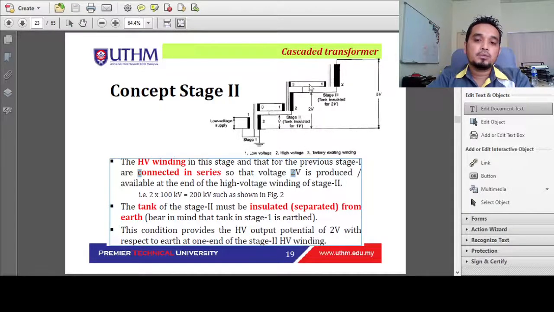Because we want to establish the second one to be 2 times the voltage, 2 times 100. We want to establish the third one to be 3 times the voltage, 3 times 100. If we connect them to the ground, each of them will produce only 100. So that's why only the first tank is connected to the ground, and the second, third, and so on are not connected to the ground. They are connected only to the first transformer, in this case insulated from the earth.